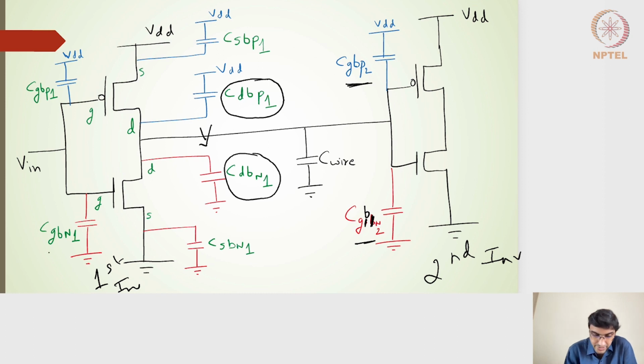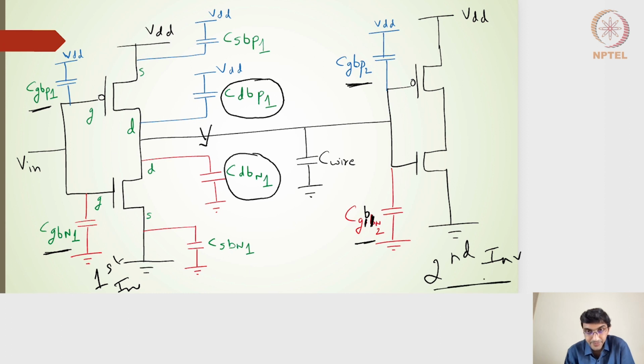Here also we had the input capacitance of gate to body of the PMOS and NMOS, and I've written a subscript of 1 representing the first inverter. For the second inverter, we have the same notation, CGB of PMOS 2 and CGB of NMOS 2.